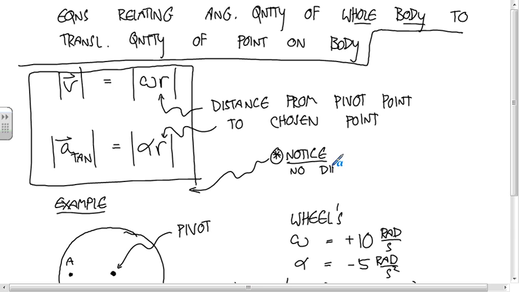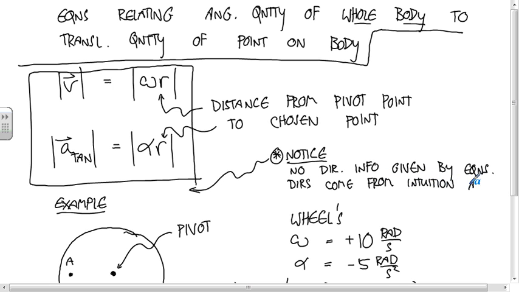So no directional information is given by these equations. The directional information all has to come from you thinking about the circular motion intuitively, based on what you know from circular motion. So the directions have to come from your intuition about circular motion.